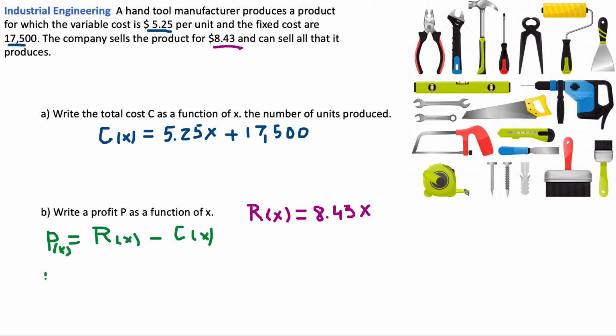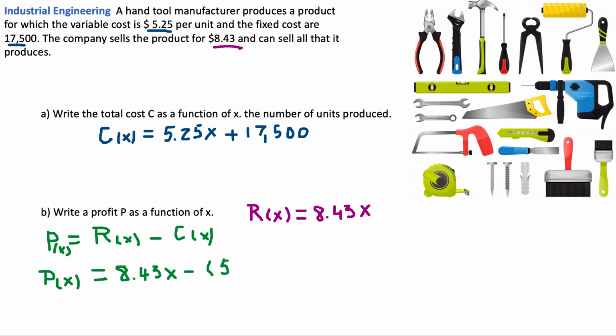P of X is equal to, now instead of this notation for revenue, we plug in the values: R of X is 8.43x, minus, let me put parentheses, and let me write the cost.